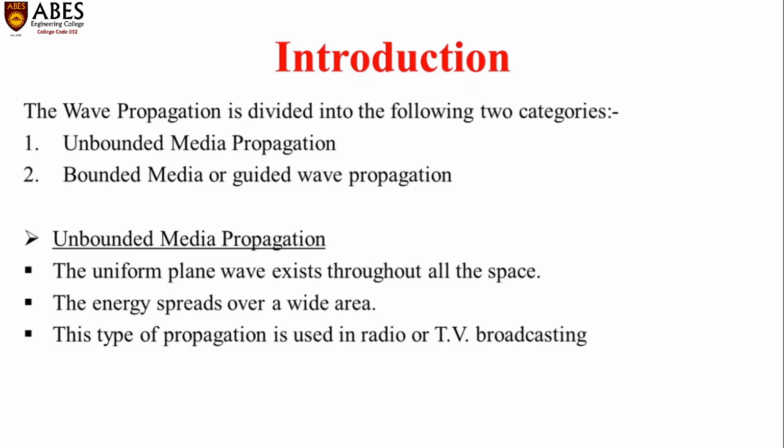propagation. So, unbounded media propagation means a free space wave propagation. That means wave is free to move wherever it wants. That means it is uniform throughout all the space.